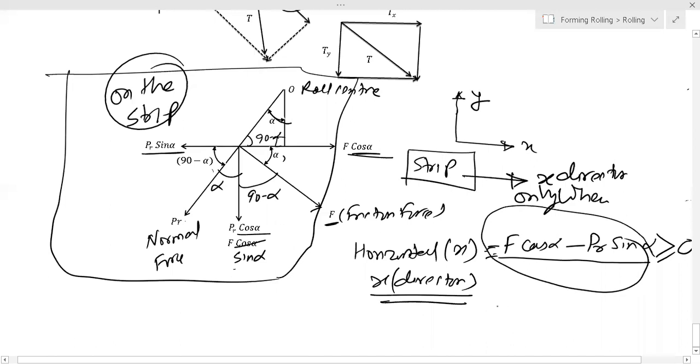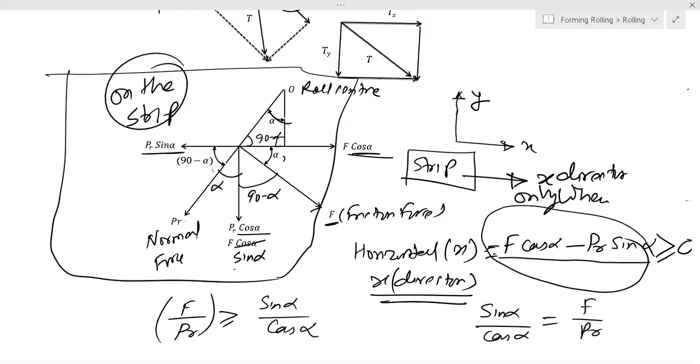So sin alpha divided by cos alpha. Now, in limiting condition, F by PR, or we can say F by PR greater than or equal to sin alpha by cos alpha.